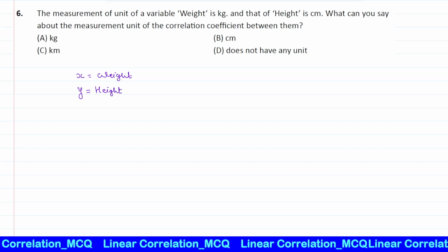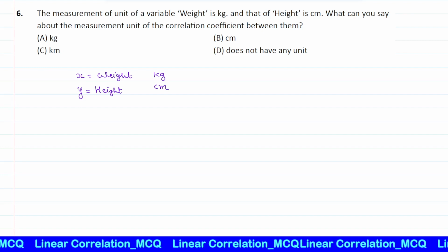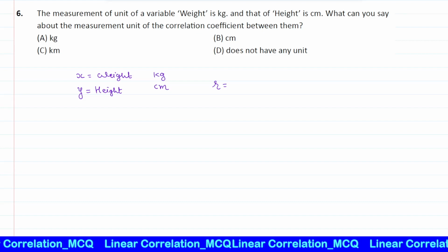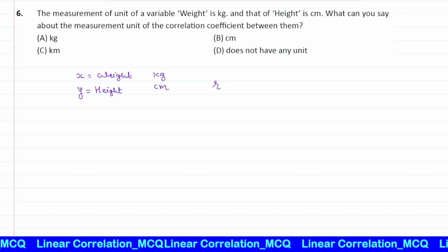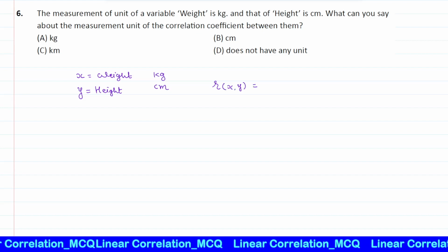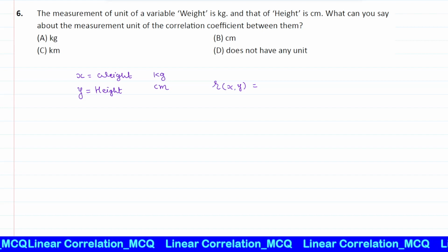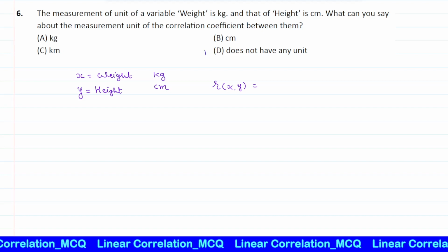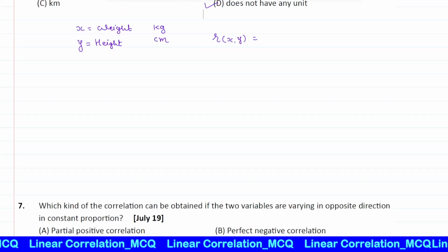Weight is shown in kilogram and height in centimeters. If we find the correlation coefficient between height and weight, there is no unit of correlation coefficient r xy. So option A is not possible. Option B, centimeter, is not possible. Option C, kilometer, is not possible. Option D is correct, does not have any unit. Correlation coefficient is a unit free measurement.